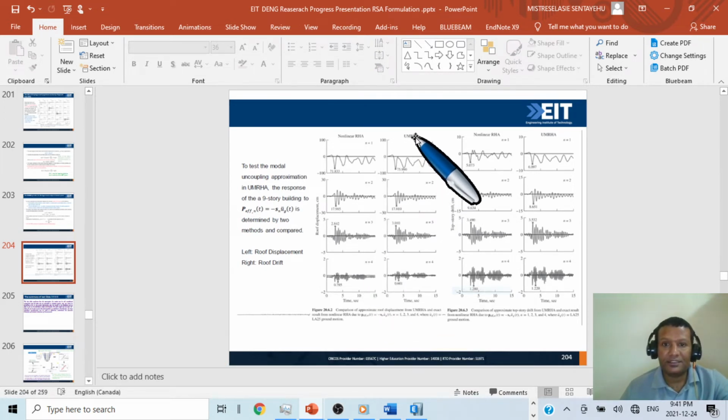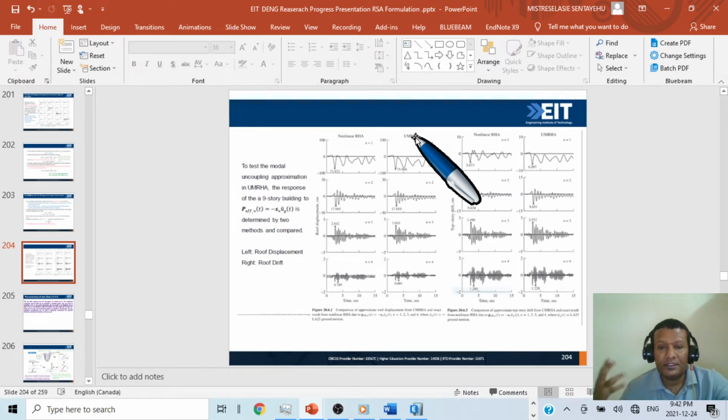In UMRHA, as I showed you, each mode is separated, and we will perform cyclic pushover analysis or monotonic pushover analysis for the multiple degree of freedom system, generate the pushover curve, idealize it with a bilinear curve, and assign it as stiffness to the equivalent nonlinear single degree of freedom system.